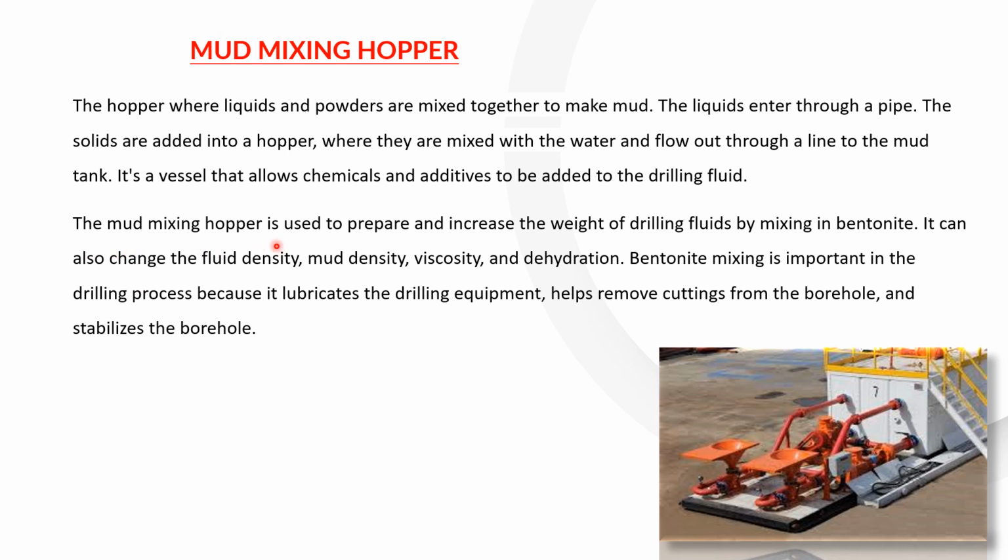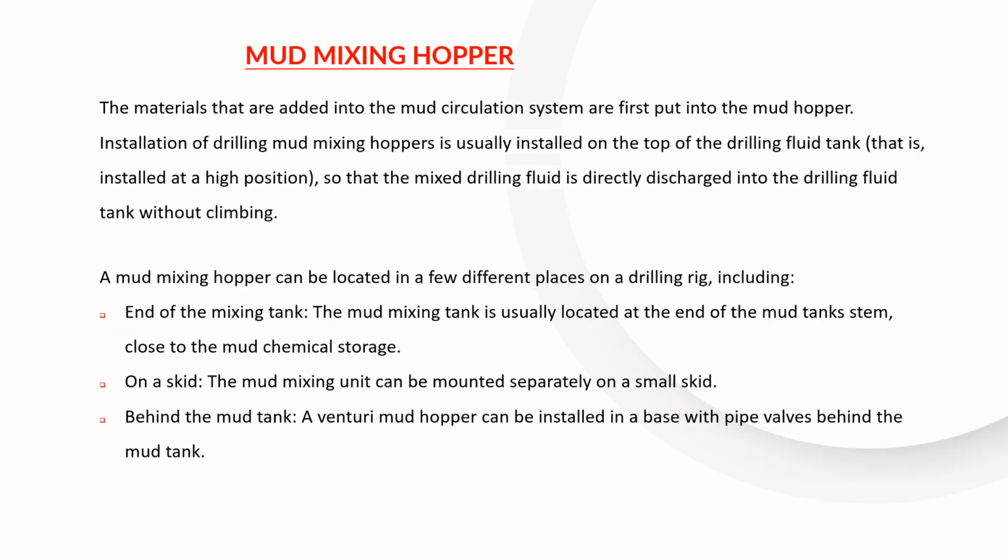The mud mixing hopper is used to prepare and increase the weight of the drilling fluids by mixing in bentonite. It can also change the fluid density, mud density, viscosity, and dehydration. Bentonite mixing is important in the drilling process because it lubricates the drilling equipment, helps remove cuttings from the borehole, and stabilizes the borehole. So bentonite is a very important chemical in the drilling mud.